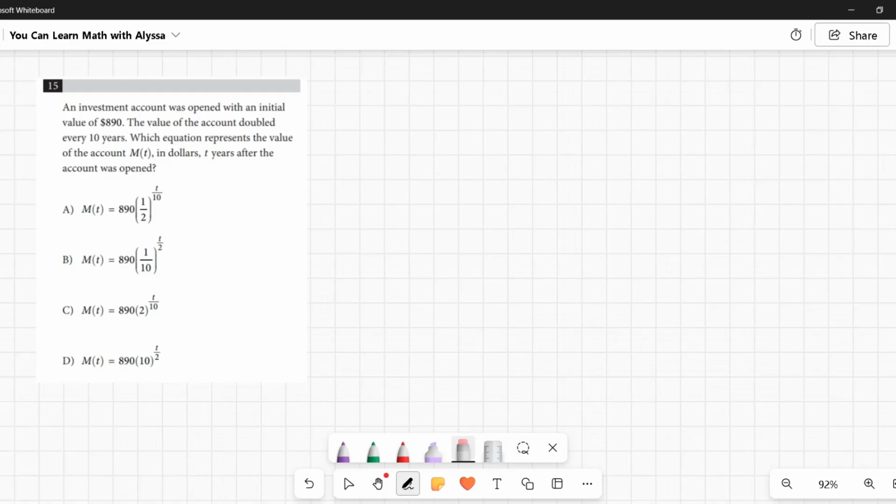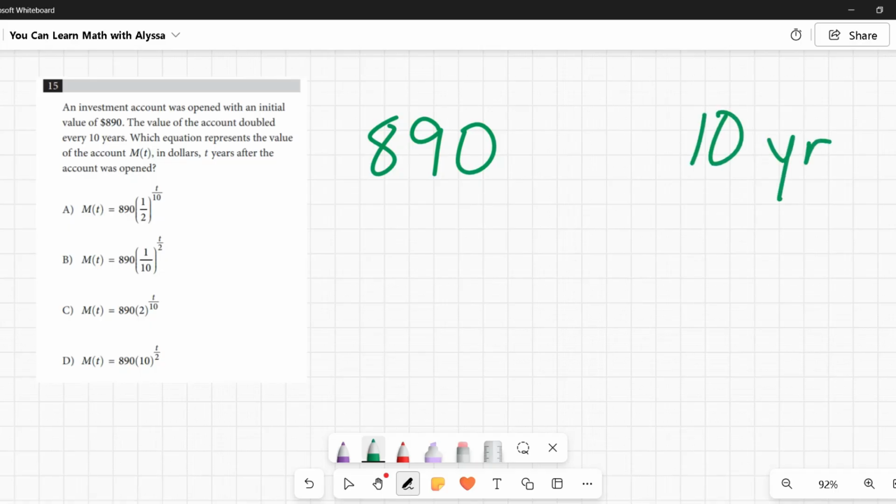For this particular one, while they are asking you to craft the equation of it, you don't necessarily have to know how the equation works to be able to solve this problem. They're telling you the initial amount was $890, and they're telling you that in 10 years, it doubled.